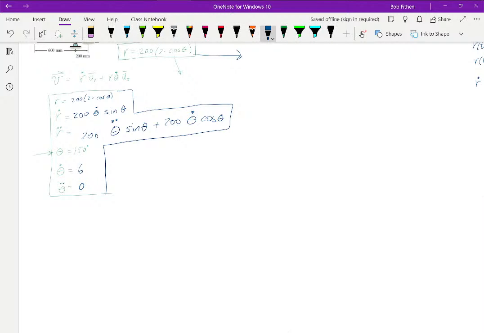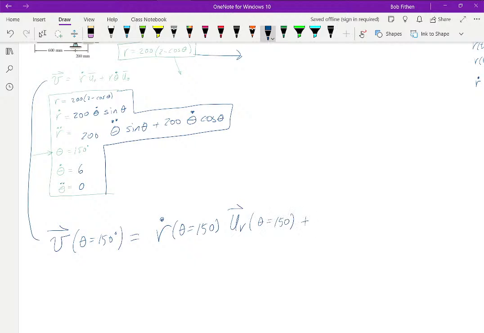If, I'm going to recopy this equation, if you're looking for velocity at theta is equal to 150 degrees, that's of course equal to r dot, u r, at theta equal to 150 degrees, plus r when theta is equal to 150 degrees, times theta dot when theta is equal to 150 degrees, times u theta when theta is equal to 150 degrees.